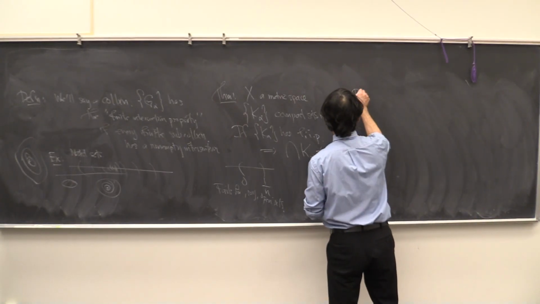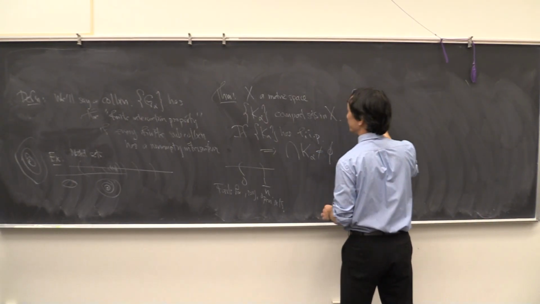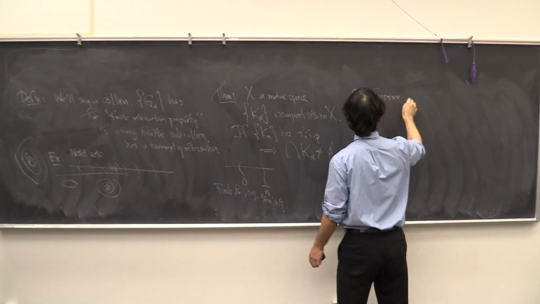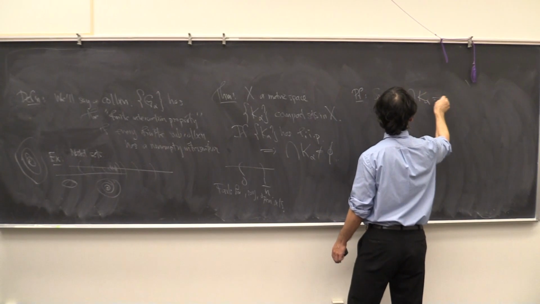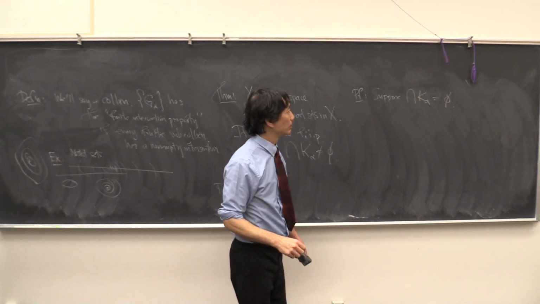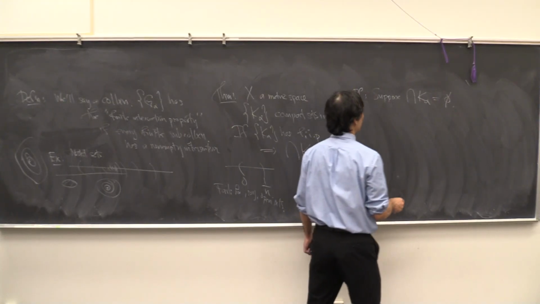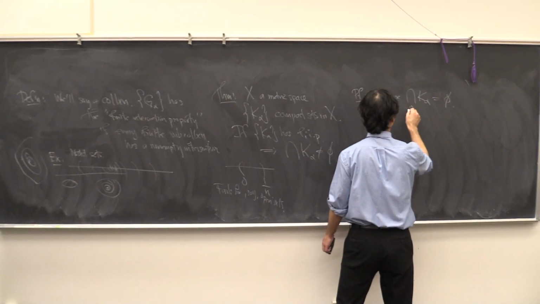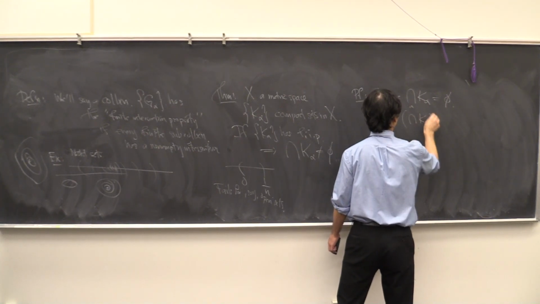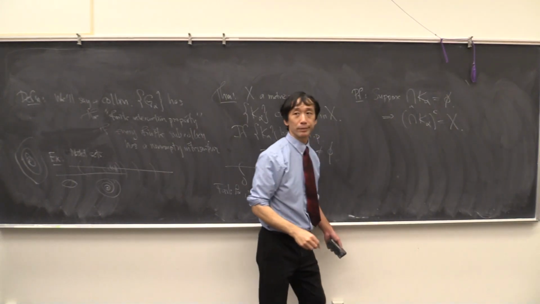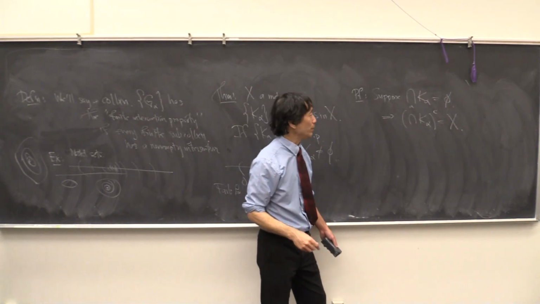Okay, so the proof is, we're going to do it by contradiction. So suppose that the intersection is empty. In that case, the complement of the intersection is the whole space.